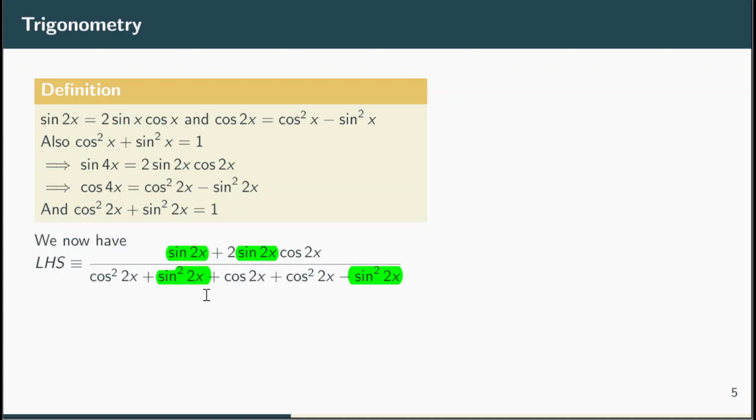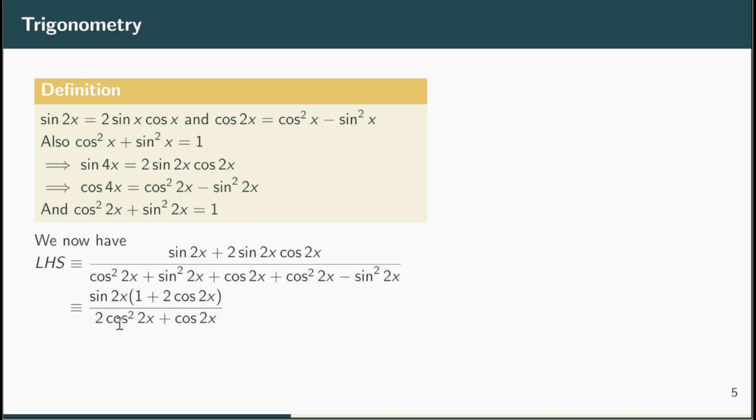So let me write it down. On the numerator, factoring out sine 2x, I'm left with 1 plus cos 2x, and on the denominator, sine squared 2x cancels out sine squared 2x. When I add cos squared 2x plus cos squared 2x, I have 2 cos squared 2x, and I'm left now with just plus cos 2x.